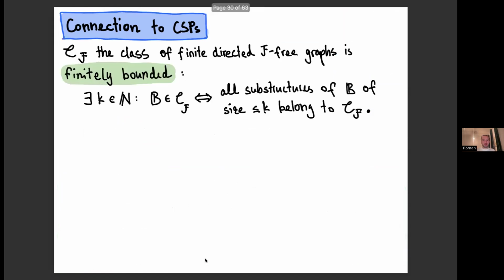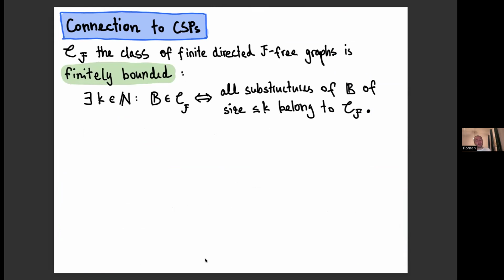Okay, good. Then a last thing I want to mention about this class CF, or the graph HF we just built. Namely, this class CF of finite directed F-free graphs is what's called finitely bounded.